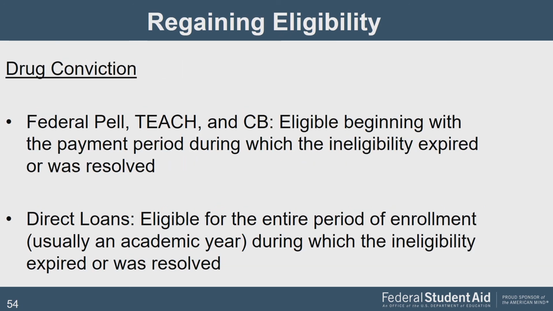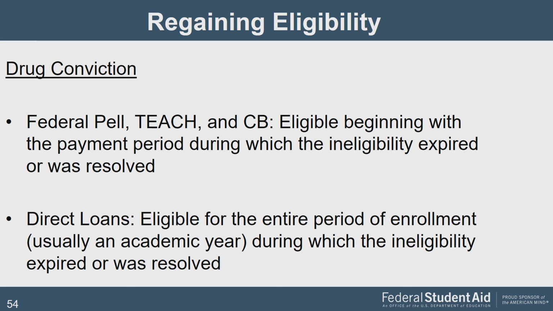When we talk about drug convictions, if a student regains eligibility from this particular issue, again, with Pell, TEACH, campus-based, their eligibility begins with that same period that the issue was resolved. Okay, for direct loans, we're looking at the entire period of enrollment, which is usually the loan period.